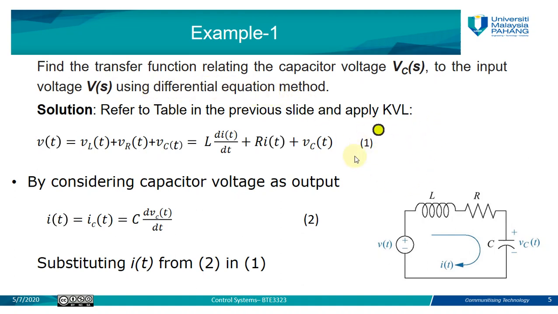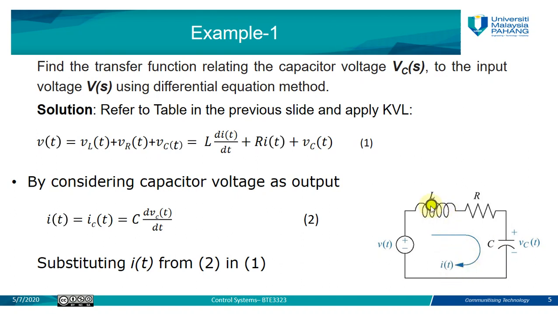Here, it's already mentioned that we need to use the differential equation method. So in order to find the transfer function using the differential equation method, we need to follow the four steps that we mentioned earlier. So we need to construct the electric circuit here. The electric circuit is already there: the voltage source, the direction of the current, the value of the elements.